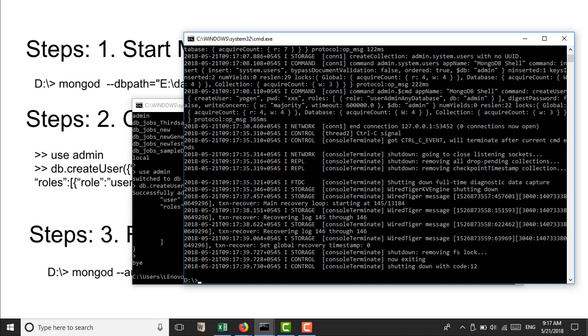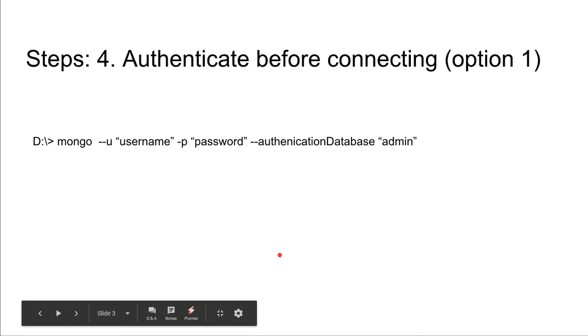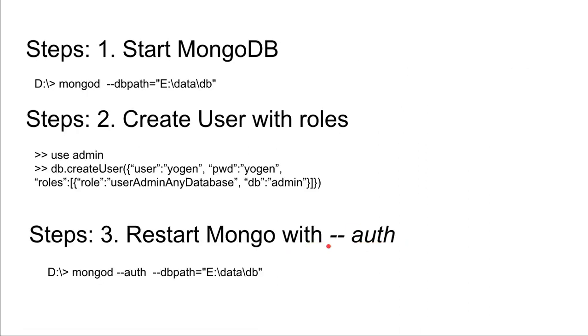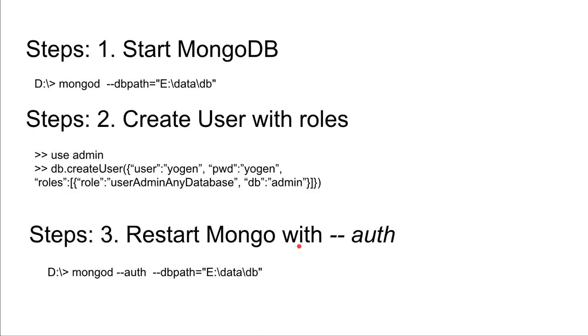Now step 3 is that we have to restart our Mongo with the auth option, which will enable the database to start in access control mode.